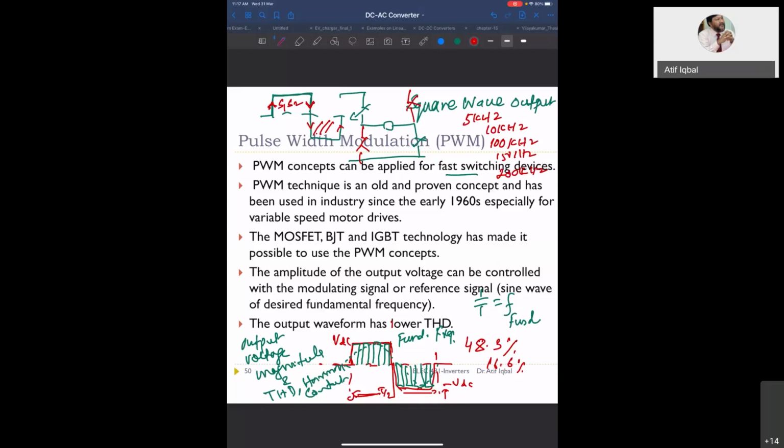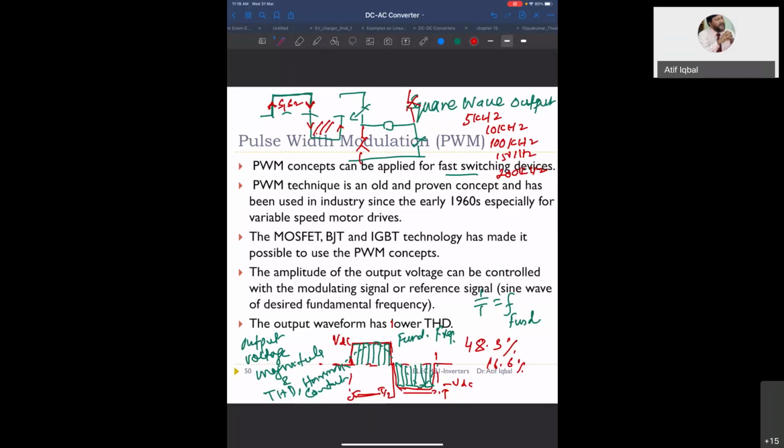But the devices will then have more switching losses. Silicon devices, the normal devices, we do not switch more than 20 kilohertz. But with silicon carbide and gallium nitride devices, you can switch at very high frequency, 100 to 200 kilohertz. So very high switching frequency gives you a very good waveform.